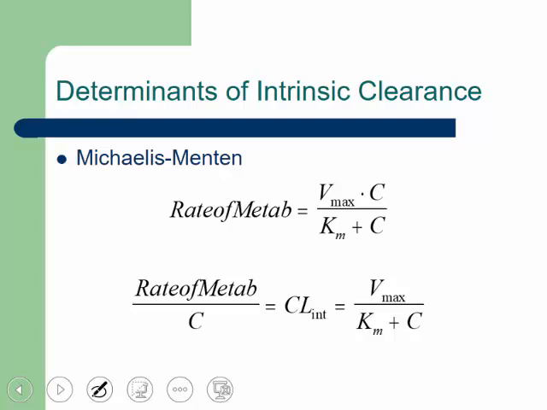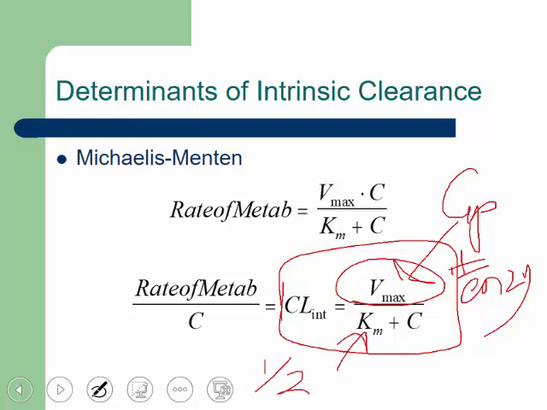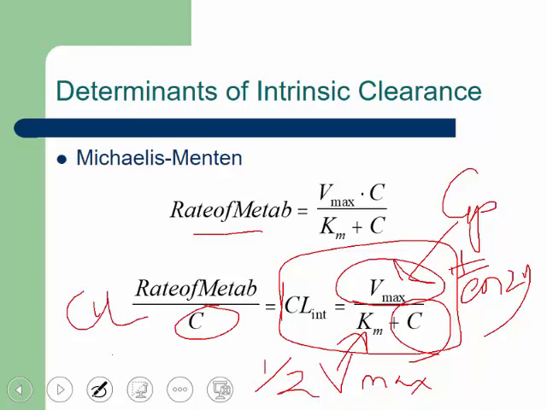So the intrinsic clearance is going to be equal to Vmax, the capacity, which in this case is the number of liver enzymes, all over the Km, which is the concentration where you reach 1/2 of Vmax, so where half of your enzymes are being occupied, plus concentration. You can see here that this is just a rearrangement. The rate of metabolism divided by concentration gives you a clearance, so that gives you intrinsic clearance.